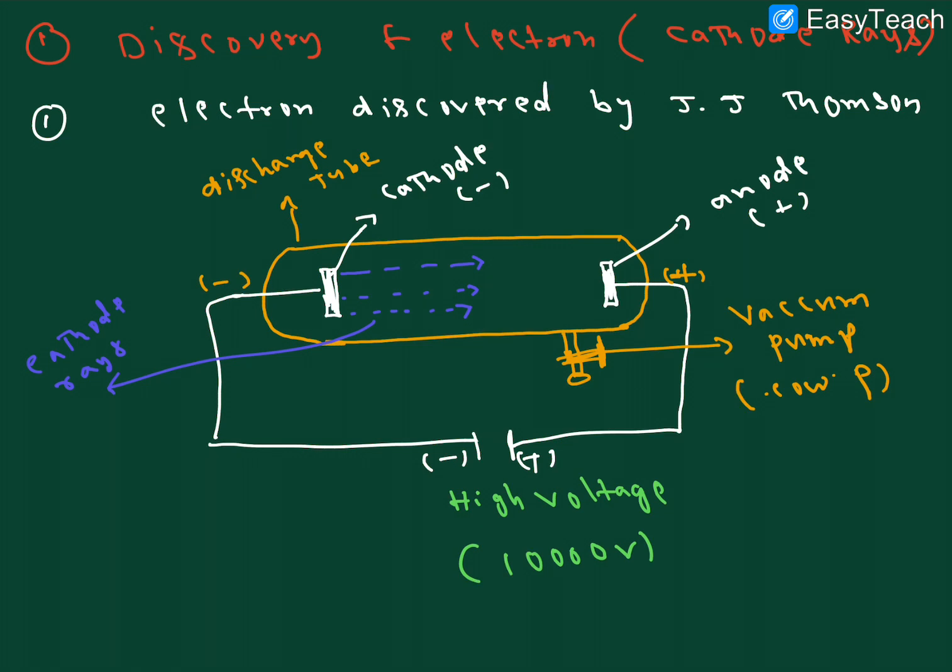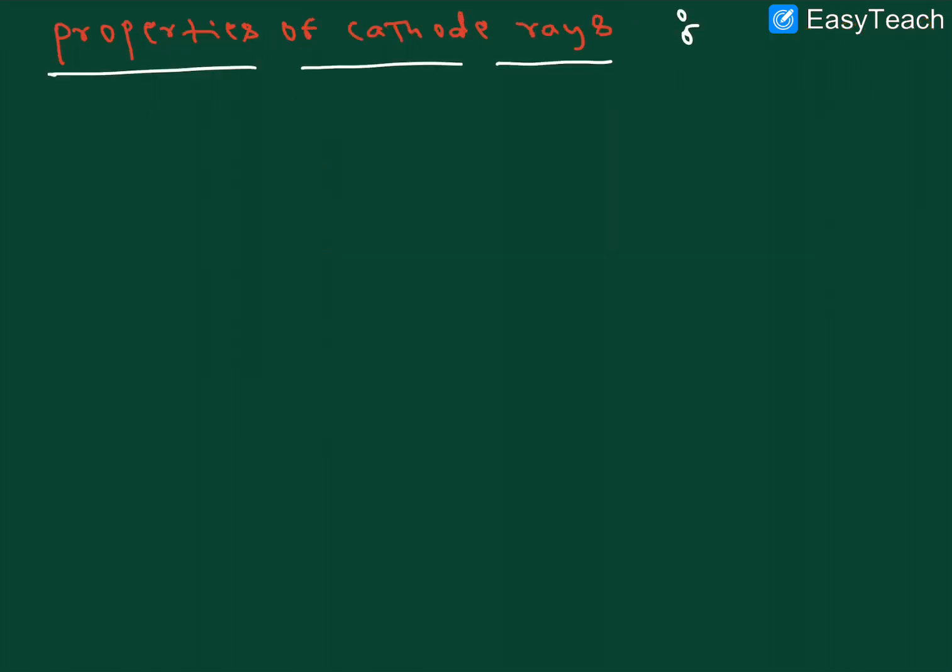The cathode rays are generated from the cathode and travel from the cathode to the anode. This is the experiment. Now let me explain the properties of cathode rays in the next slide.